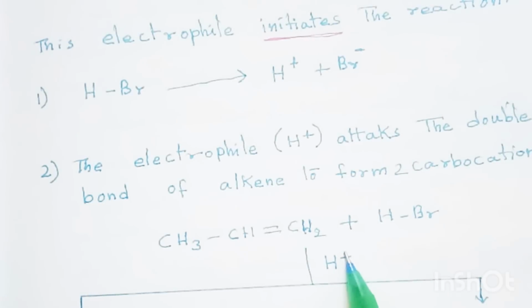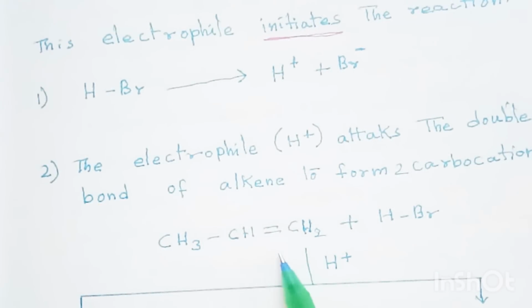This H plus is attracted towards the double bond because it is an electrophile. The electrons are available in this double bond because one bond is sigma bond, another bond is pi bond. Pi bond is a rich source of electrons. So it attracts H plus ion.